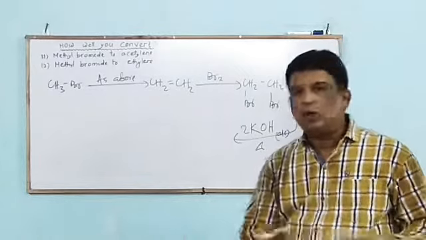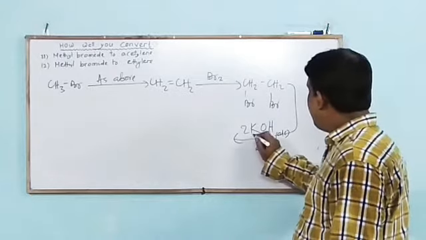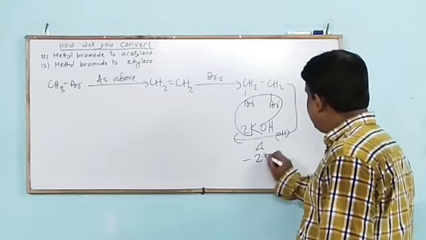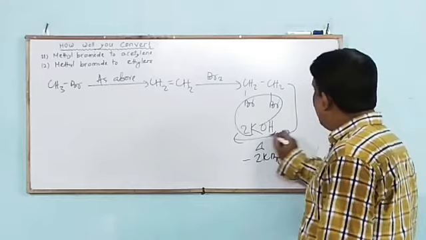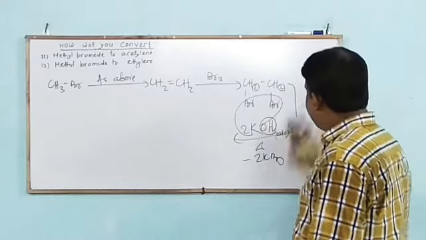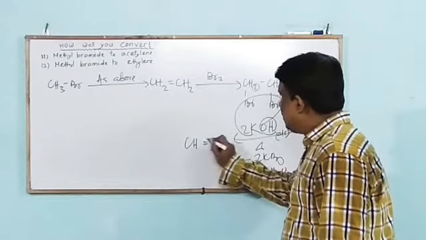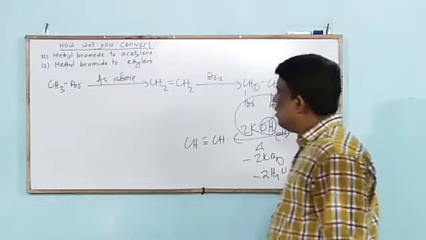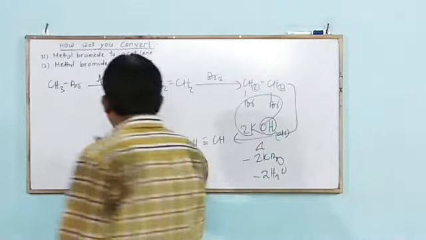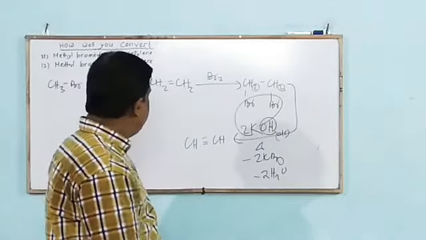Hydrogen is removed, halogen is removed. 2K combined with 2Br gives 2KBr, and 2OH combined with 2H gives 2H2O, to form acetylene. So in this way, methyl bromide is converted to acetylene.